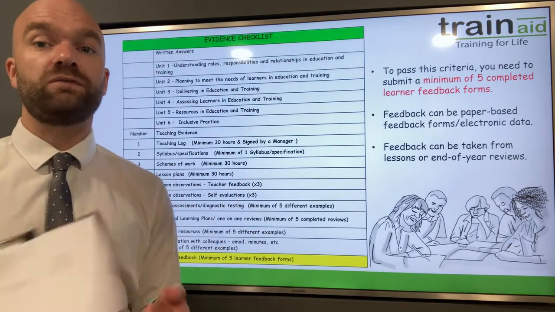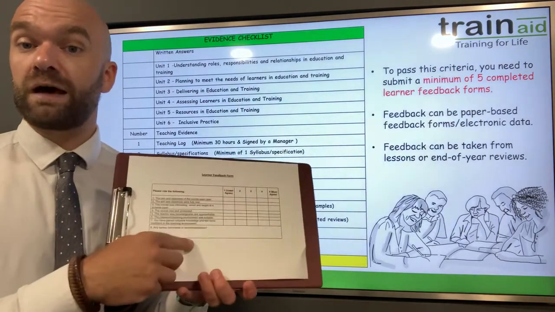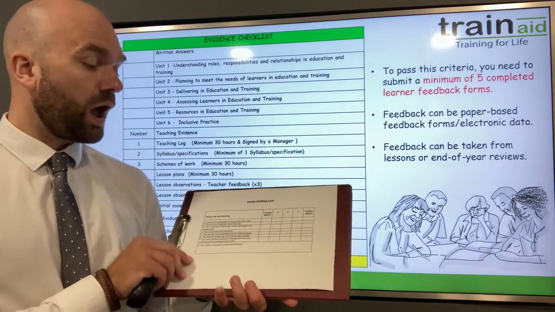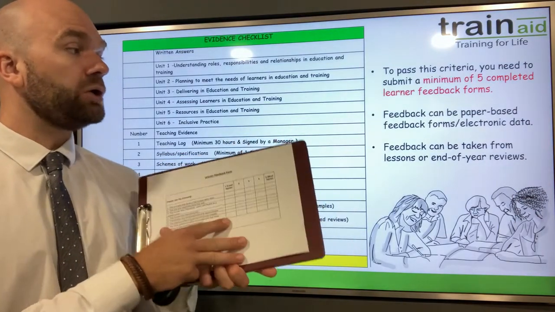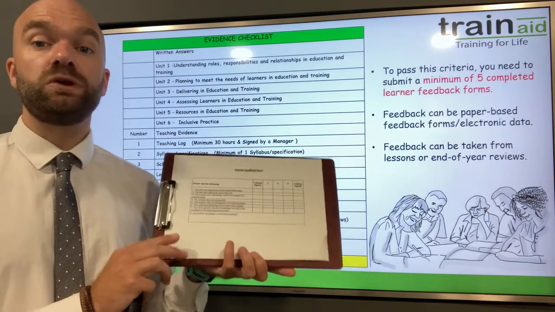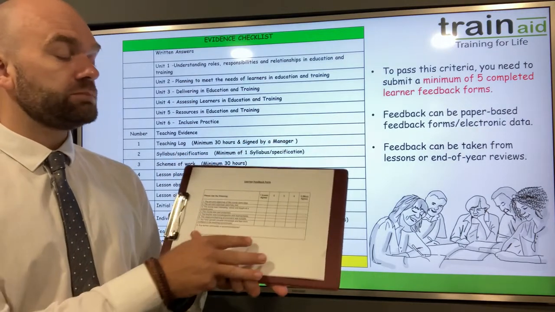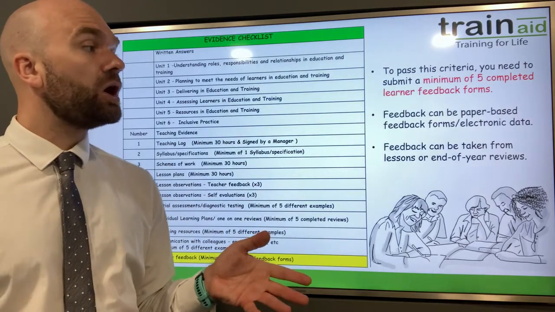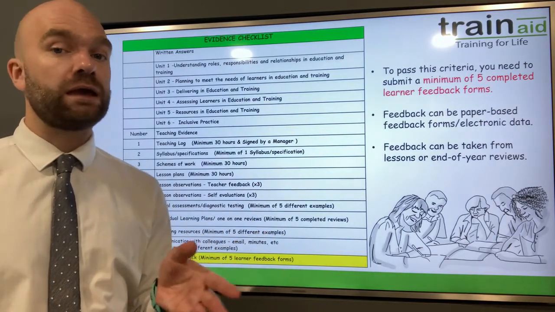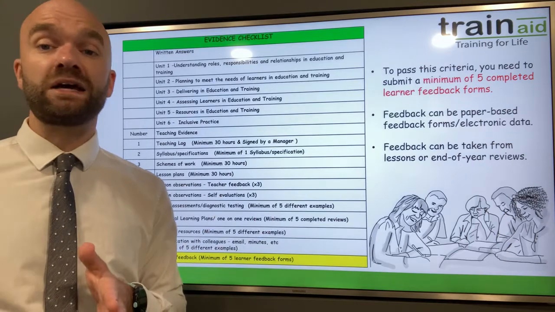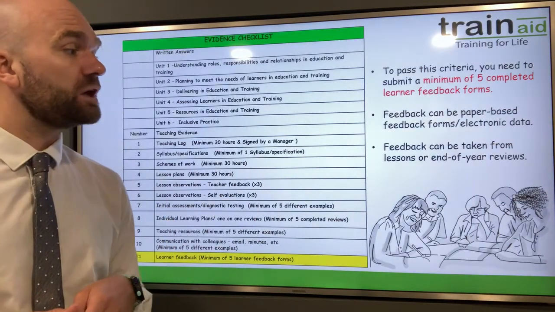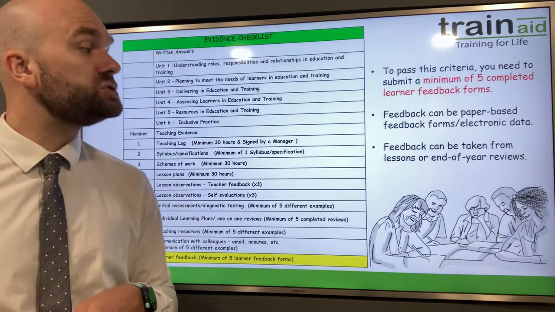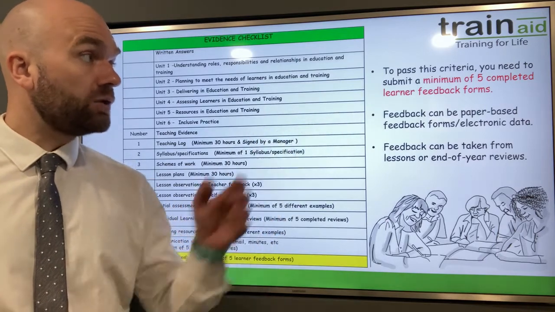So here we have a traditional feedback form that we use here at TrainAid for our own courses. You can use our template, or you can use your own organisation's methods of gaining feedback. This might be paper-based or electronic, but you can also use your own style of feedback forms.